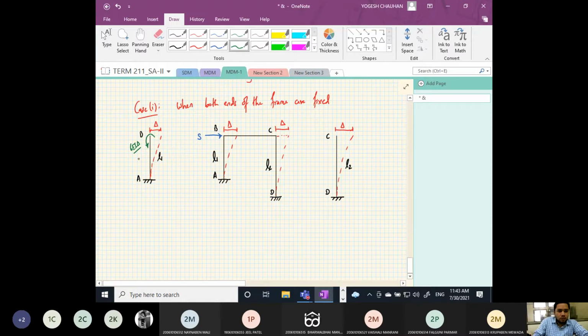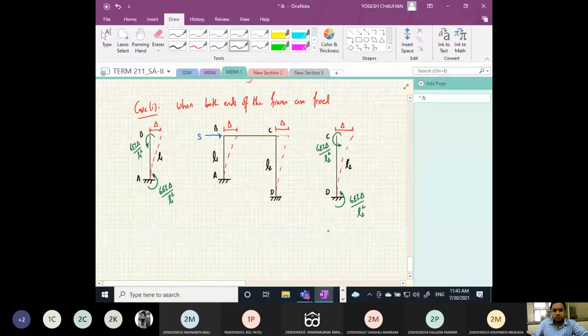Same moment will be developed here also, that is 6 EI delta by L1 square. Similarly, here also we'll have a moment in anti-clockwise direction, which will be 6 EI delta by L2 square, and here also a moment equal to 6 EI delta by L2 square.